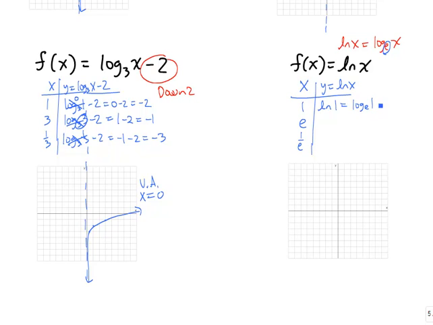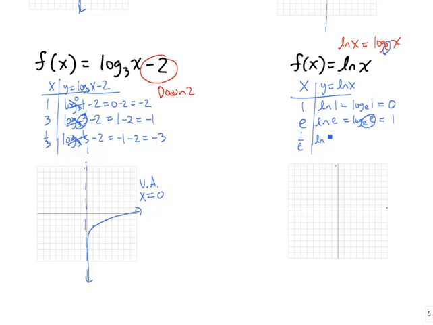Remember, log of 1 is always 0 no matter what base you have. Plugging in e, ln of e is like log base e of e, so even though I don't have it written over here, the base does match the e, so these are going to cancel out and give me that 1. So ln of e is just 1.